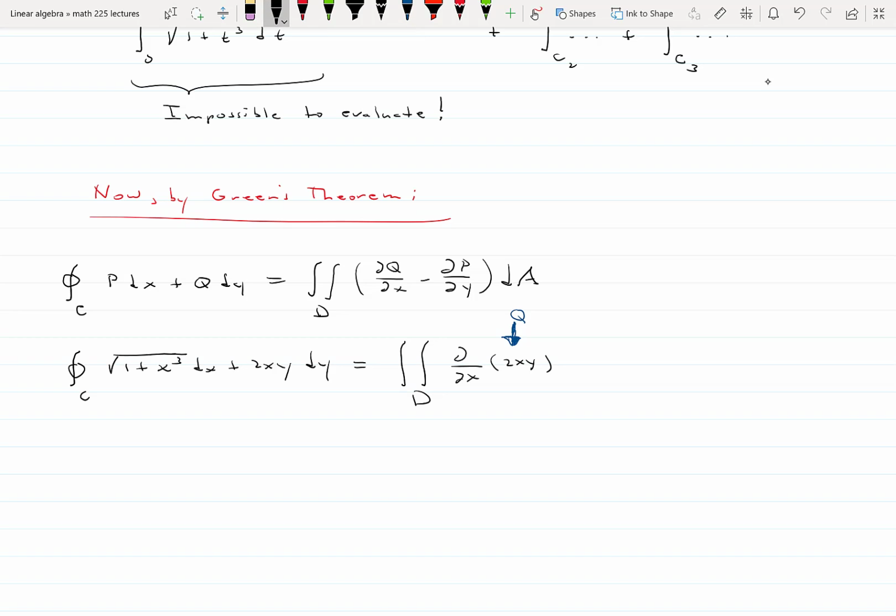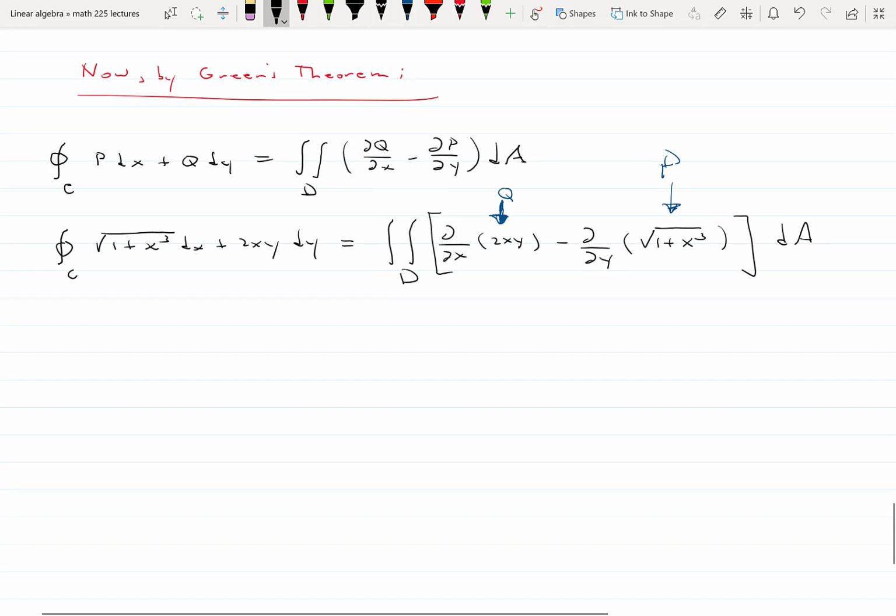Minus the partial of P with respect to y, the partial with respect to y of the square root of 1 plus x cubed. Now that's nice. Why is that nice? What's the partial with respect to y of a function of x? That is real nice. What's P? dA. That is really sweet.